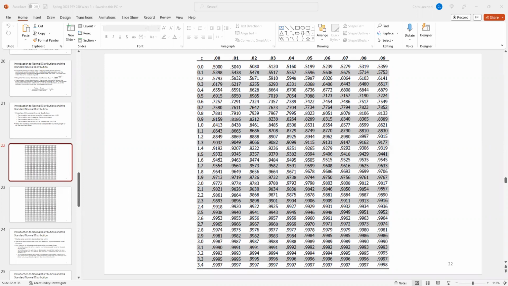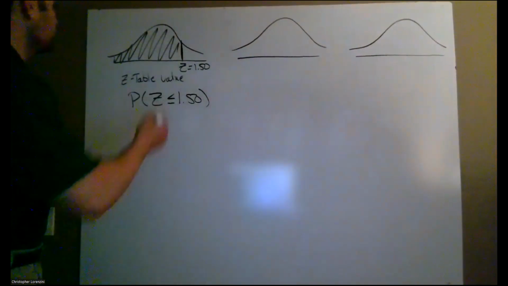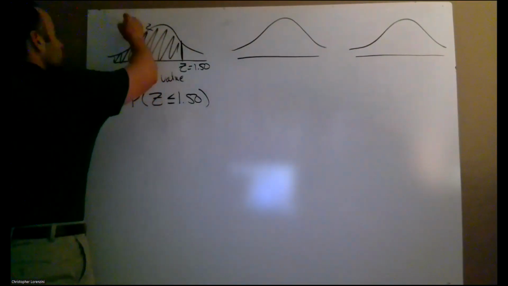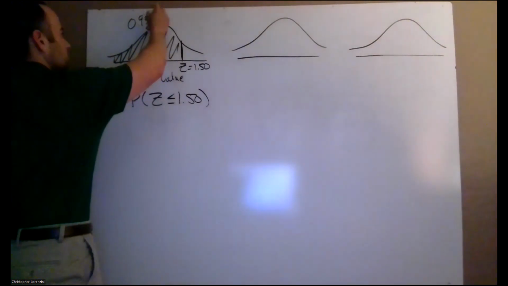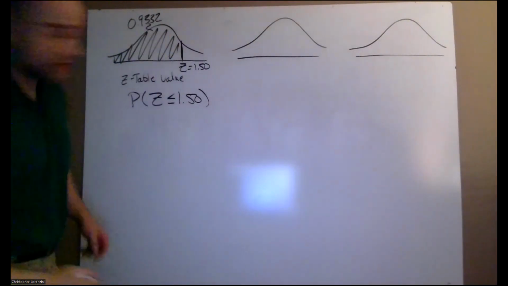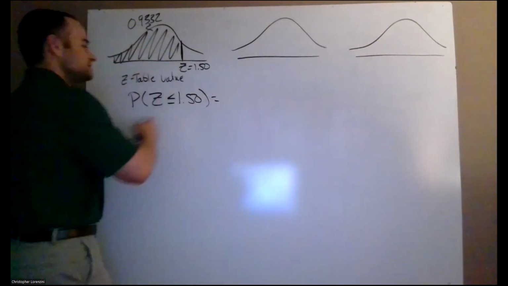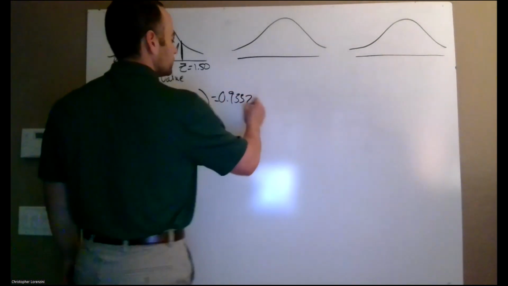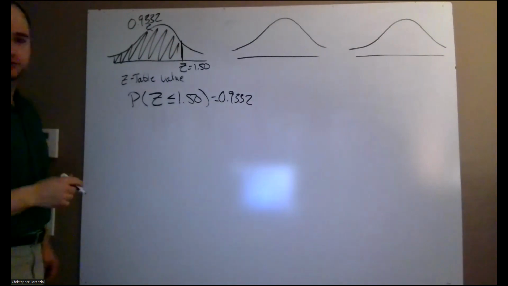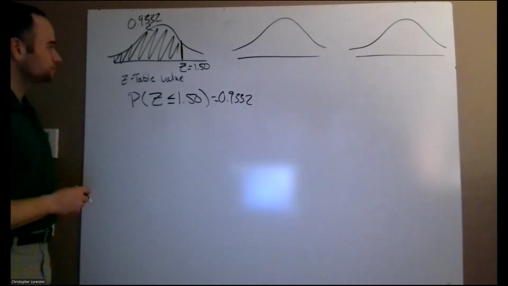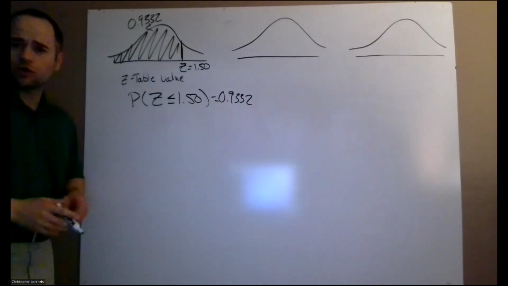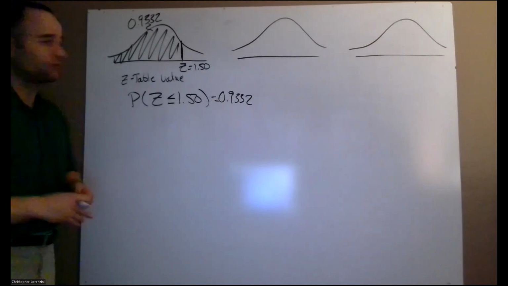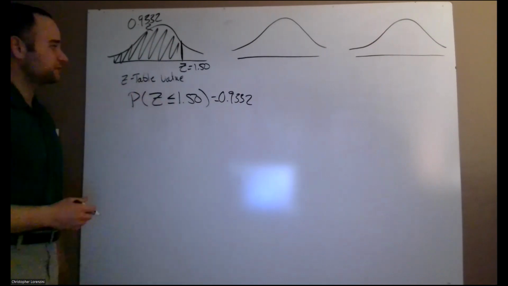So 1.50 is 0.9332. So my area under the curve to the left is 0.9332. The probability that z is less than or equal to 1.5 is also 0.9332. So that's how we go about using that table in the simple form of finding the area to the left.